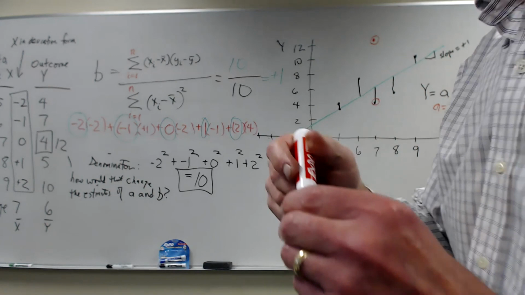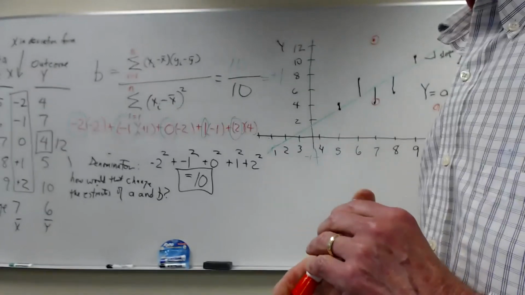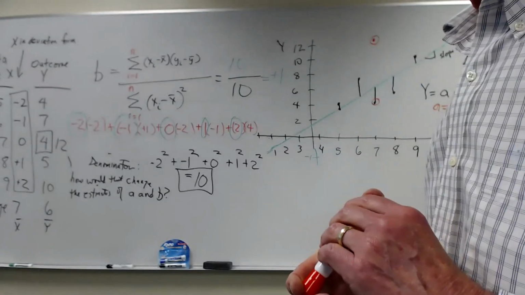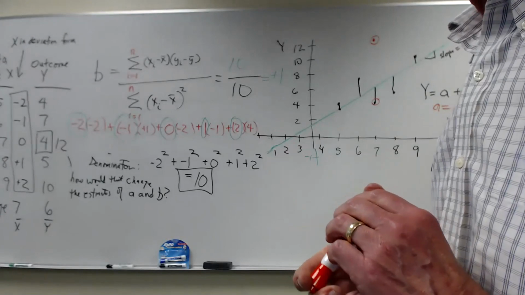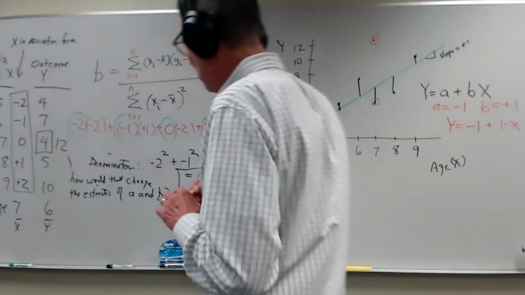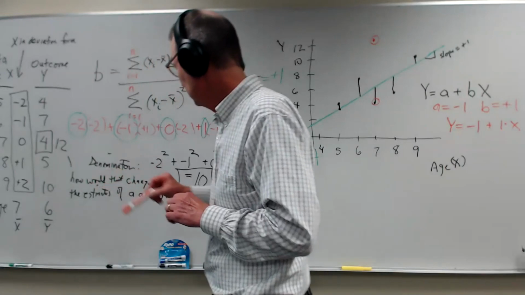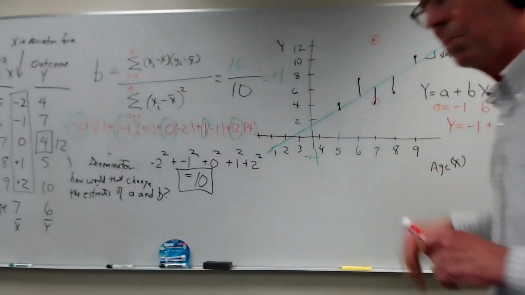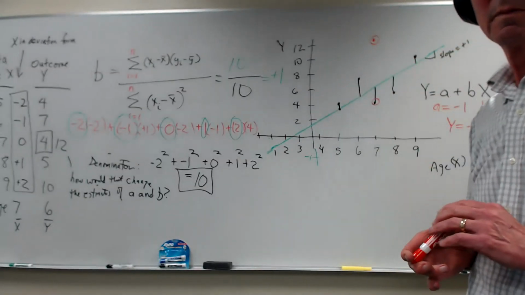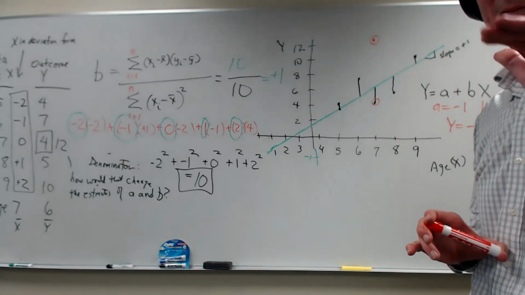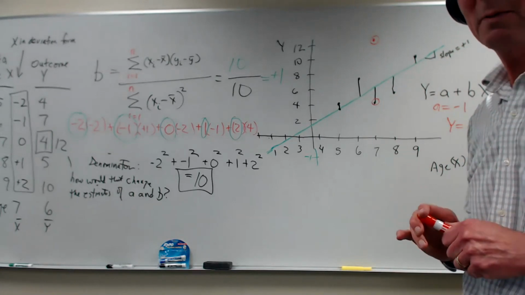So Paul is going to put you in breakout rooms, 5 minutes. Everyone have an idea of what the assignment is? How would an extreme observation associated with age 7 change the estimates of both A and B? Bye-bye. See you in 5 minutes.